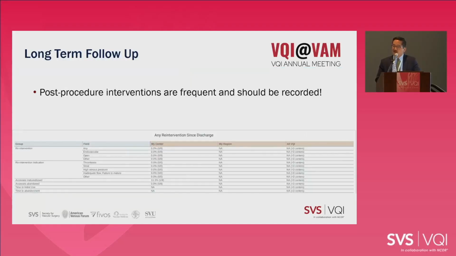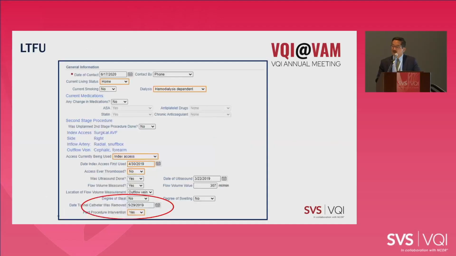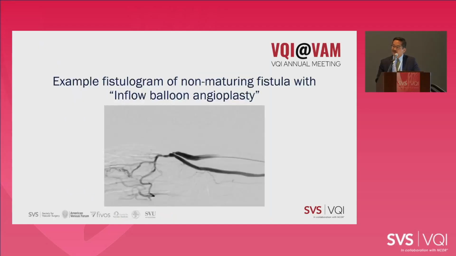Long-term follow-up, post-procedure interventions are frequent and really should be recorded. And this is where it is recorded, in the long-term follow-up down there on the bottom. This is an example of what this looks like intraoperatively. This is a fistulogram, actually at the wrist, at the snuff box.